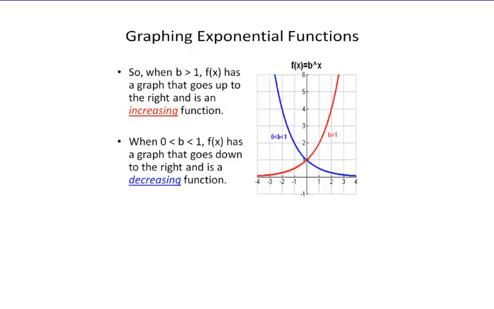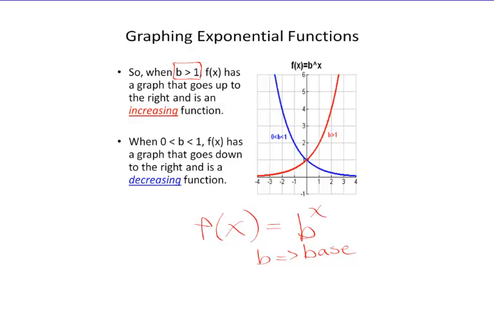First of all, let's talk about an exponential function with base b raised to the power of x. B is the base. And we know some things about the graph of our exponential function based on the value of our base.